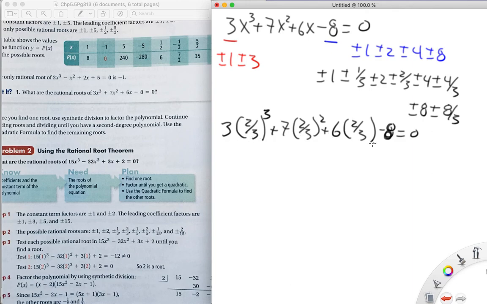Once you plug it in, you'll get 24 over 7 plus 28 over 9 plus 4 minus 8. And you'll find that all of that will equal 0, so it checks. So since this is 2/3, then your root would be 2/3.